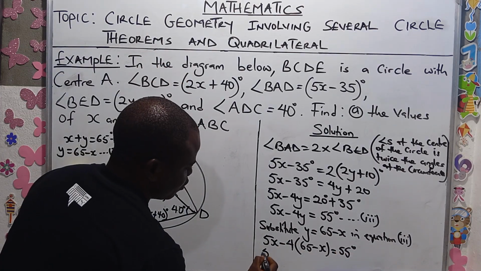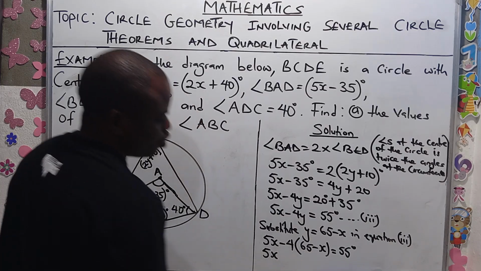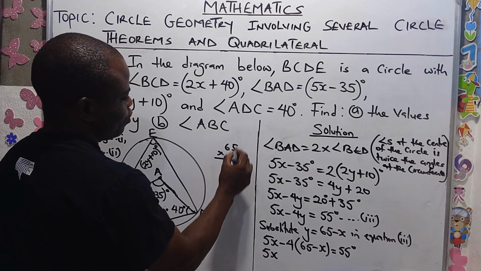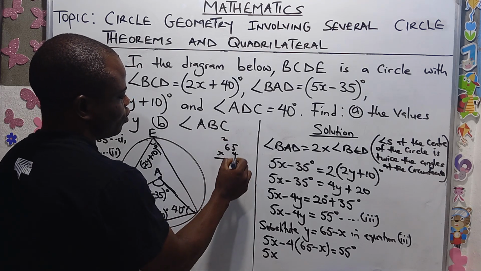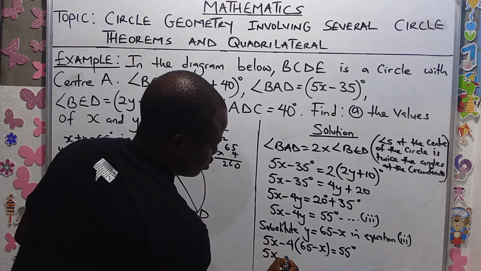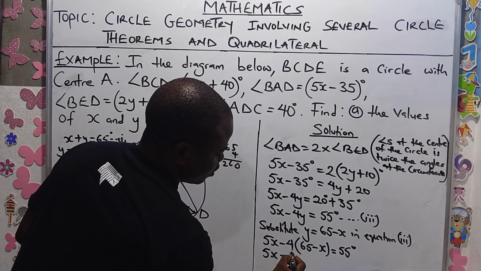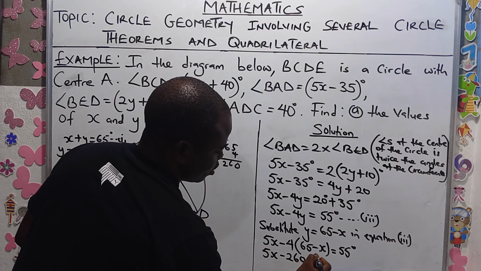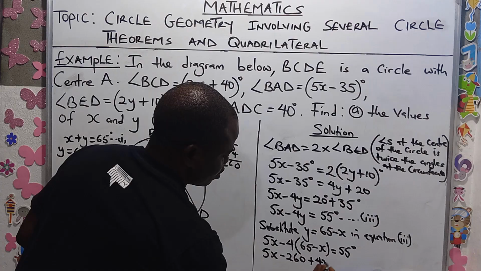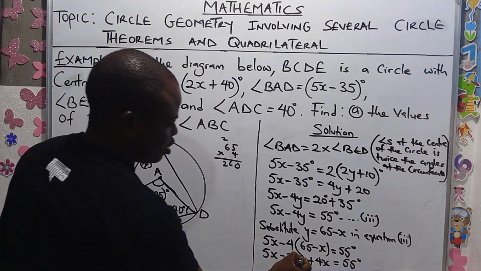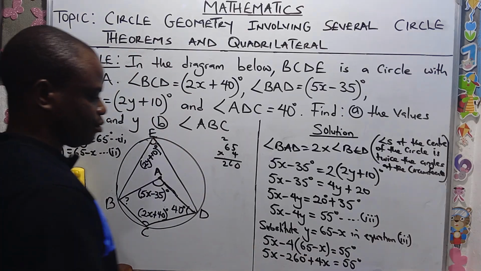And let's open the bracket. 5x minus 4 times 65. 4 times 5, 20, 0 carry 2. 4 times 6, 24, plus 2, 26. That's 4 times 65, that's minus 260. Minus 4 times minus x, that's plus 4x, equals 55 degrees.